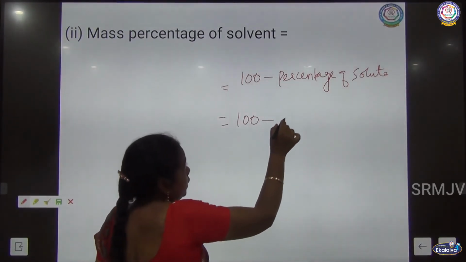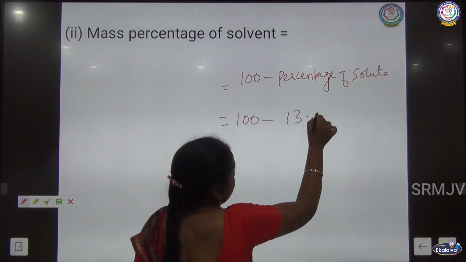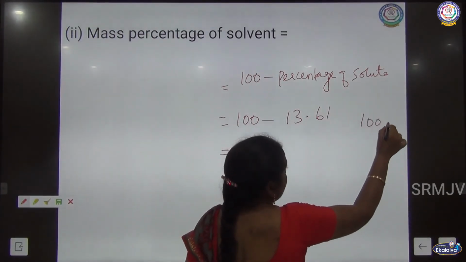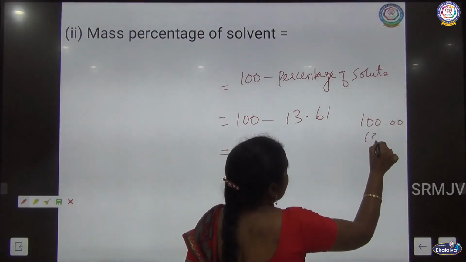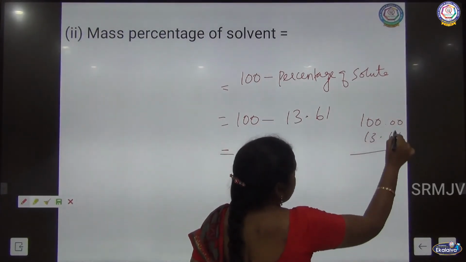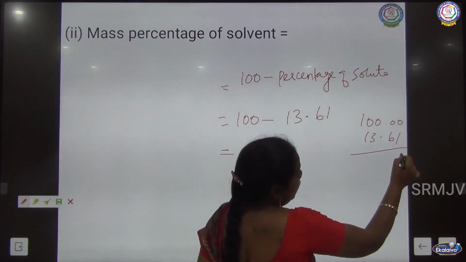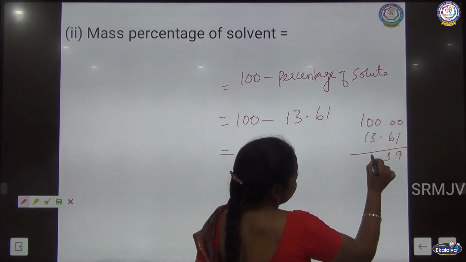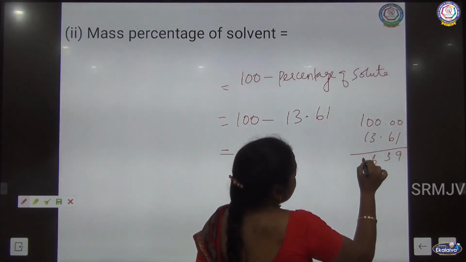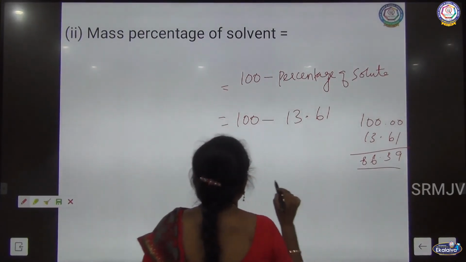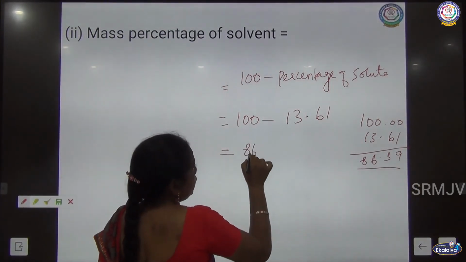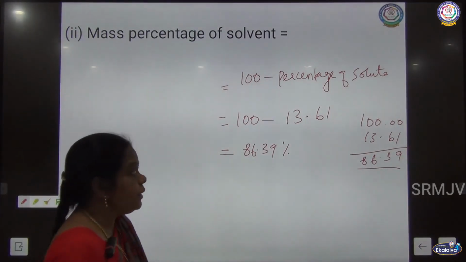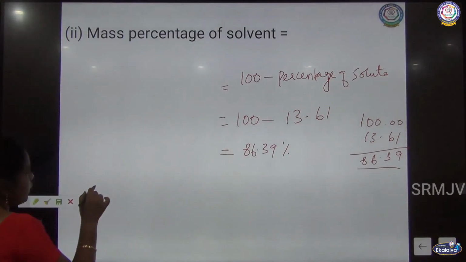Hundred minus 13.61, so 100 minus 13.61, if you subtract, 9, 3 and then 6, 8, 86.39%. So this is nothing but the mass percentage.